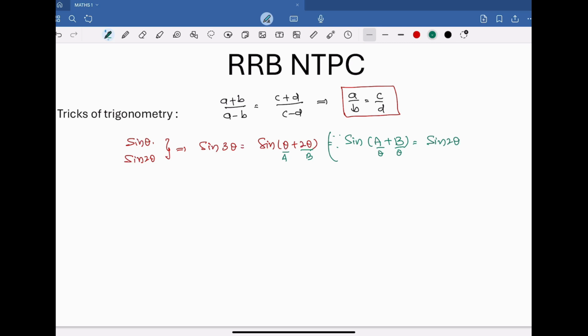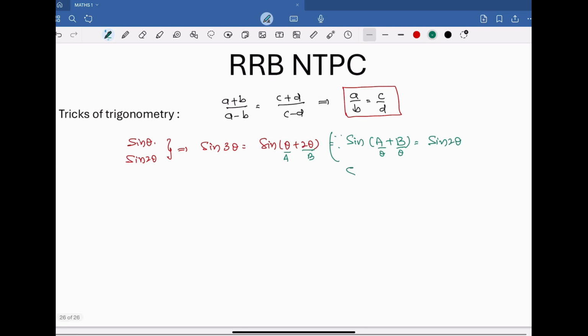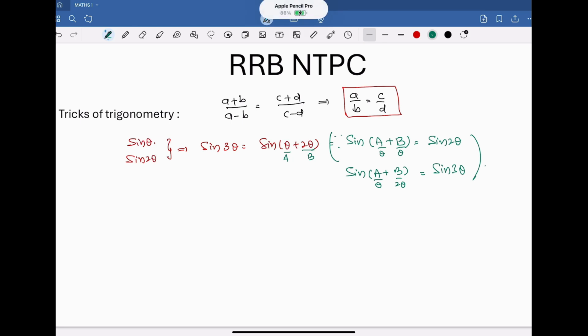If A is theta and B is 2 theta, then it will be sin 3 theta, and it goes on. So we will confine ourselves to sin theta, sin 2 theta and sin 3 theta if required. After that we need not repeat the same process again and again. For practice you can do it.